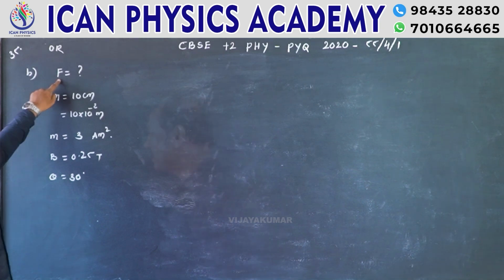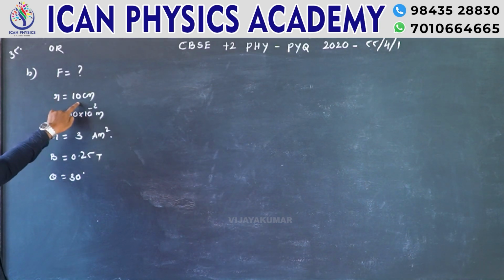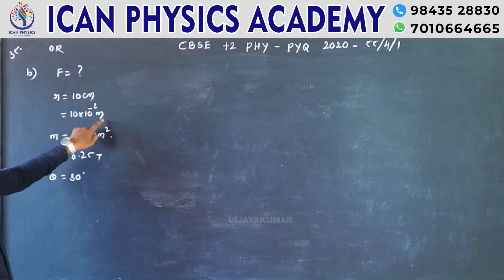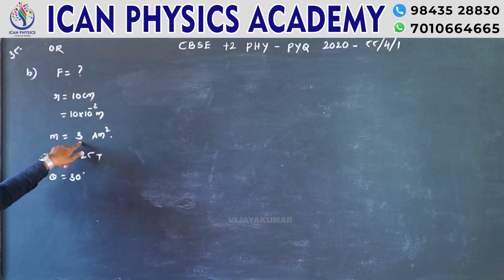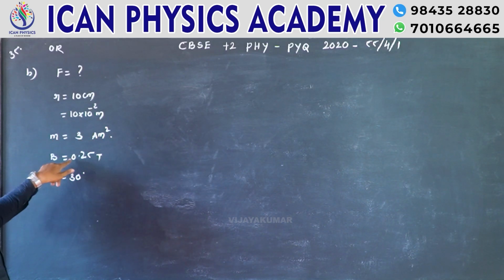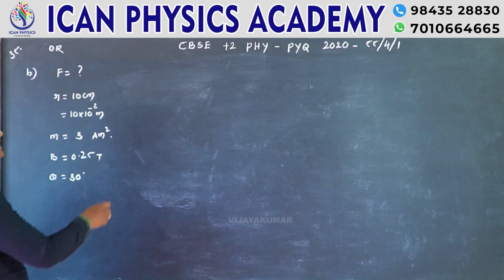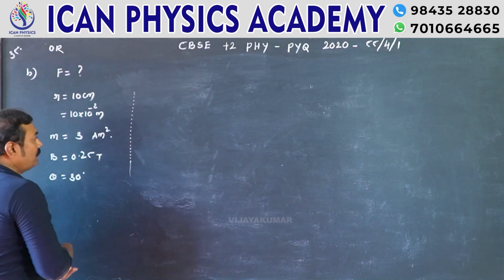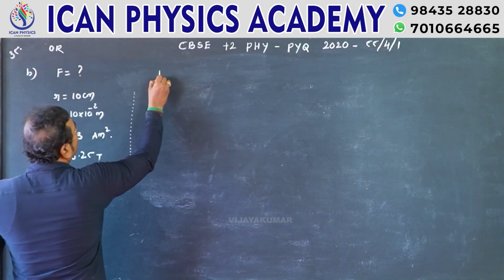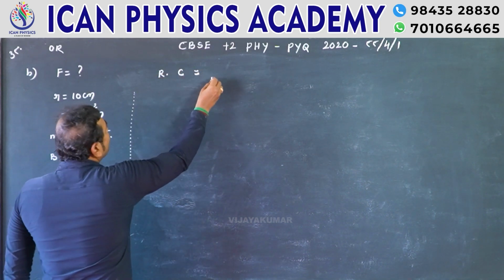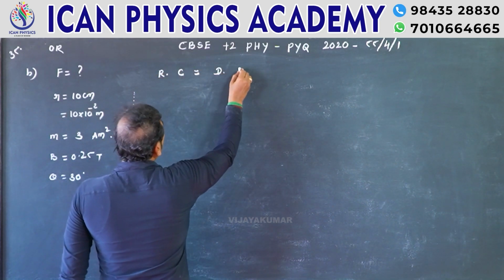Okay, so what is the force? The radius is 10 centimeter, so convert the centimeter into meter: 10 into 10 to the power minus 2 meter. The magnetic moment is 3 ampere meter square. The magnetic field is 0.25 Tesla and it is aligned at an angle of 30 degree. Now the restoring couple is equal to the deflecting couple.